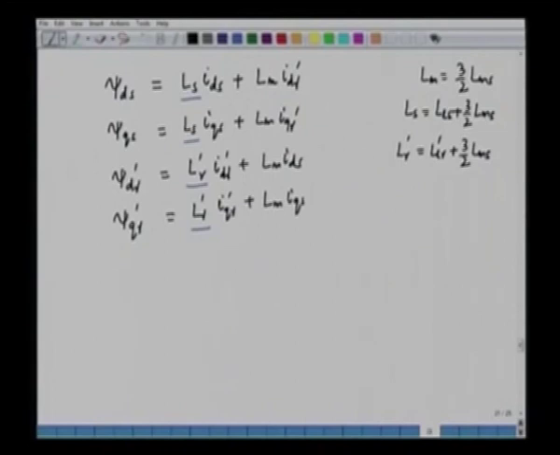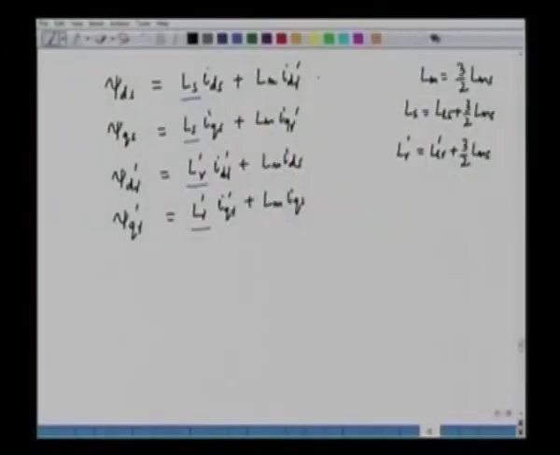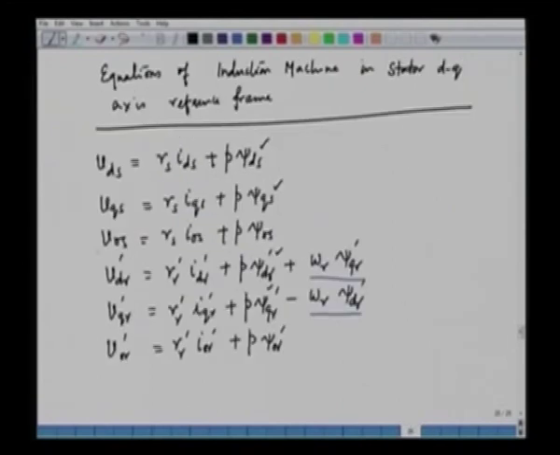So we have all these inductance matrices, and the flux linkages can be expressed in terms of inductance and current, as you have shown here. These are basically the flux linkages, expressed in terms of the current, and we can substitute this back into the original equations. We have the zero sequence winding in this case, the zero sequence in the stator and the zero sequence in the rotor.